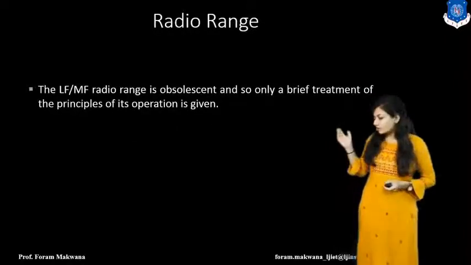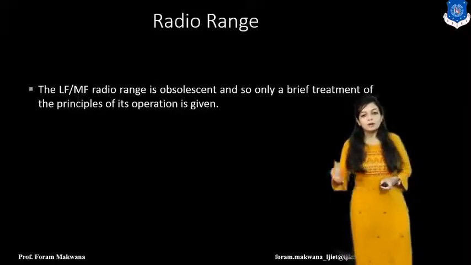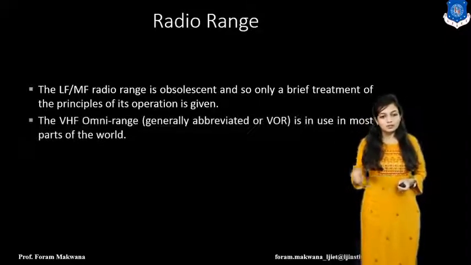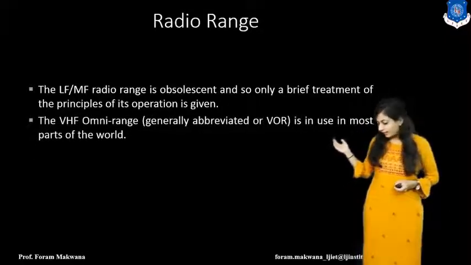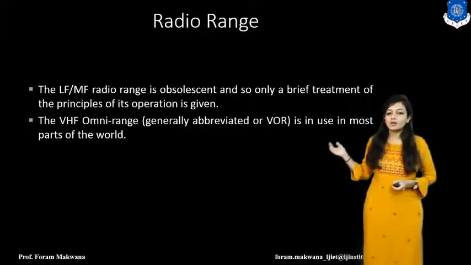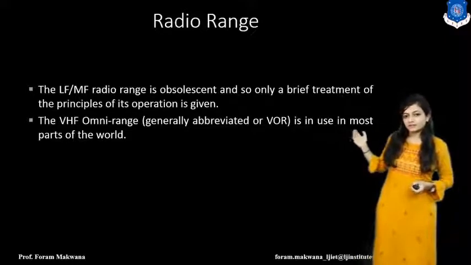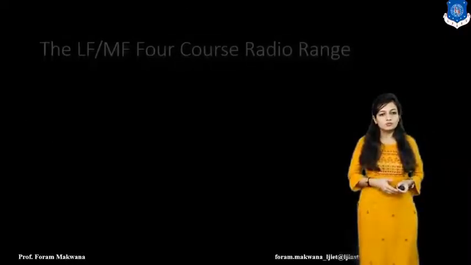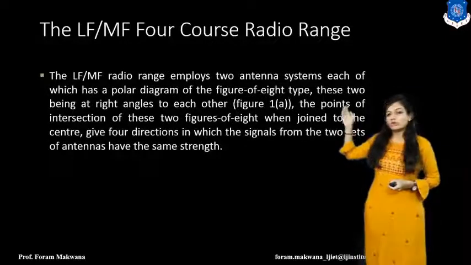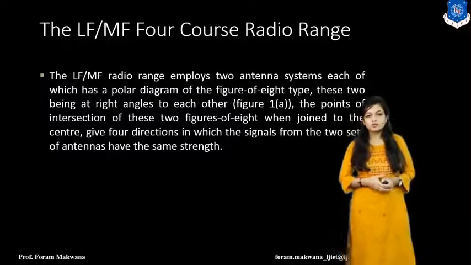The low frequency, or medium frequency, radio range is a brief treatment of the principle of operation. The VHF omnidirectional range, abbreviated as VOR, is widely used. First we are going to focus on the low frequency, or medium frequency, 4-course radio range.